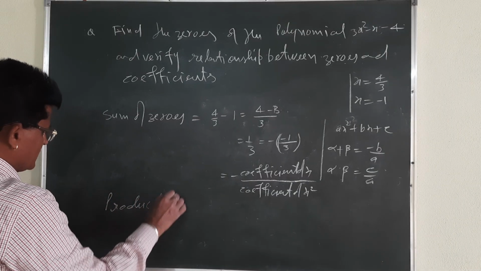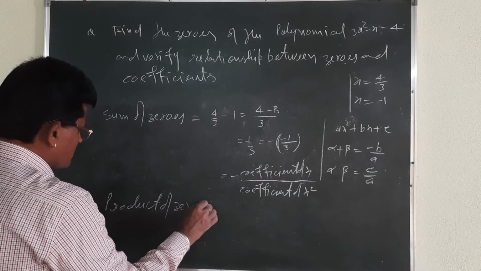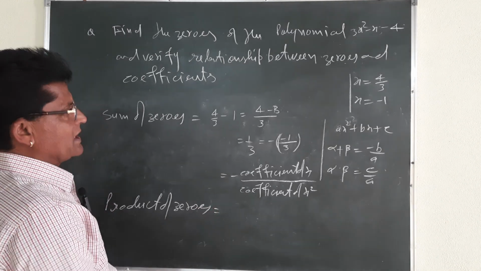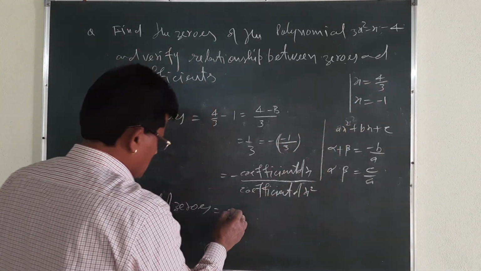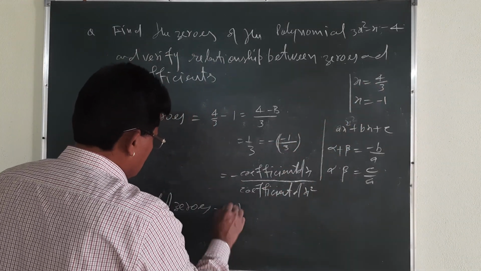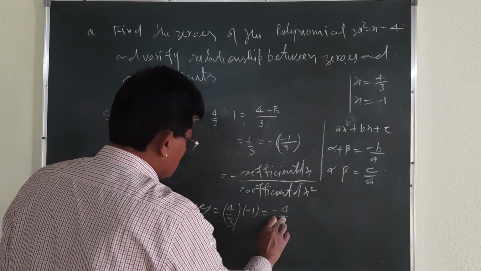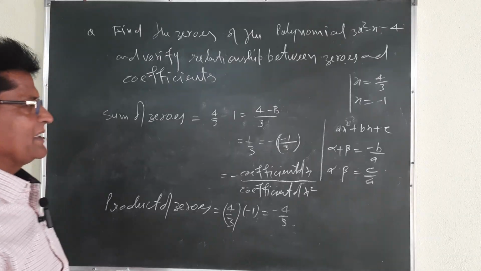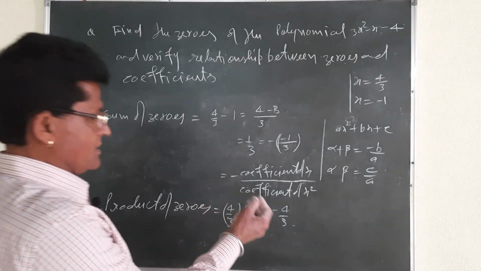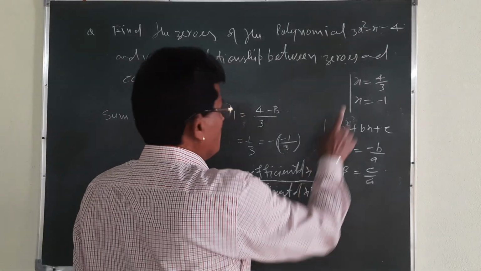Product of zeros, it will be equal to what? Product means you take both the zeros, 4 by 3 and minus 1. Their product will be what? Minus 4 by 3. And minus 4, you see, what is minus 4?